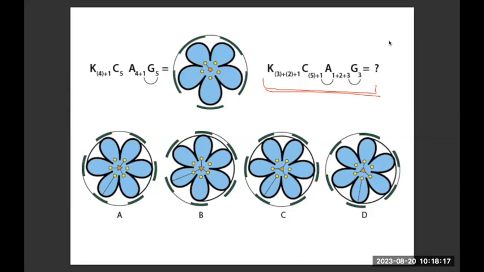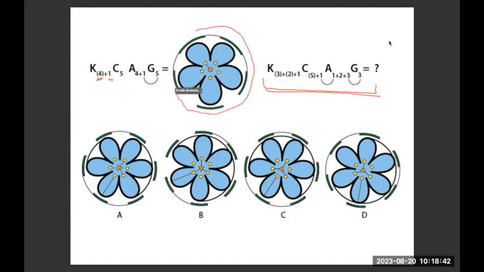If you look at the relationship, I'm just starting with the first part. Just that much part: K(4 plus 1). 4 is in brackets and then plus 1. 4 plus 1 means 5. So I will start looking at the outer circle, which is given.